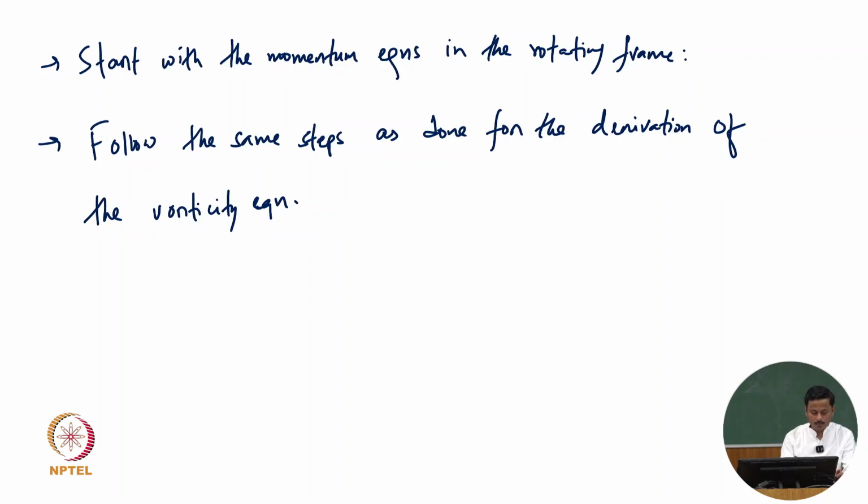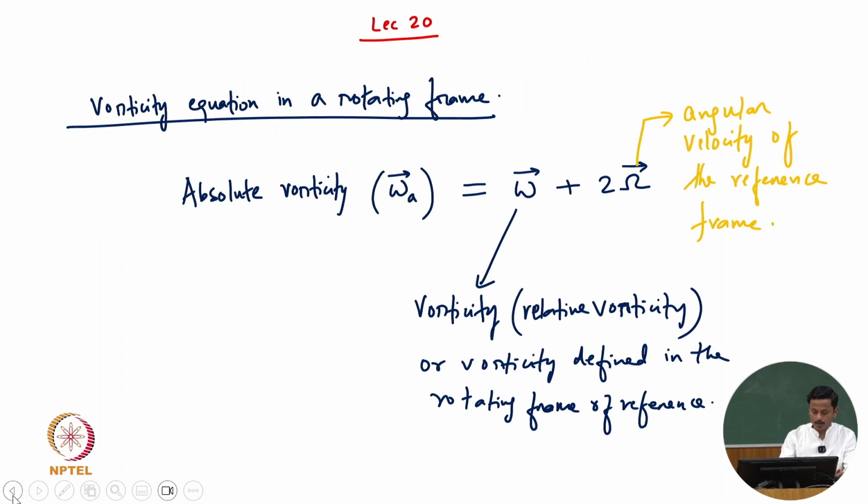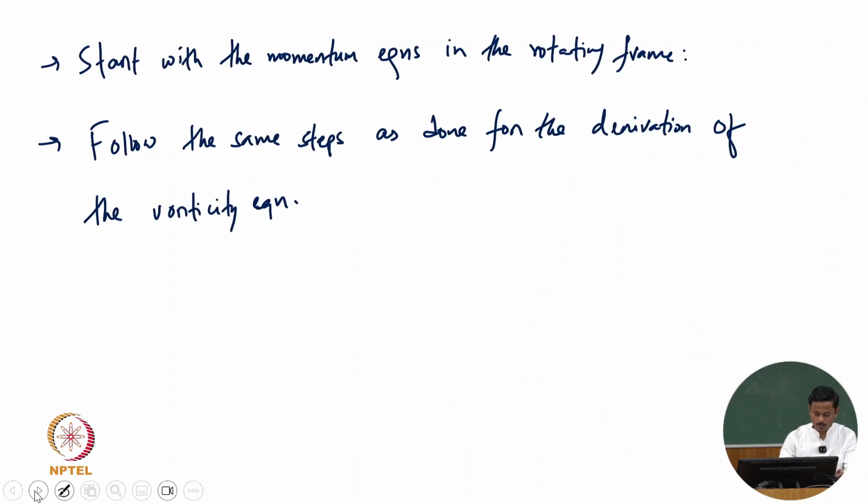So using the definition of omega a, which is the absolute vorticity, the vorticity equation in the rotating frame becomes the following.